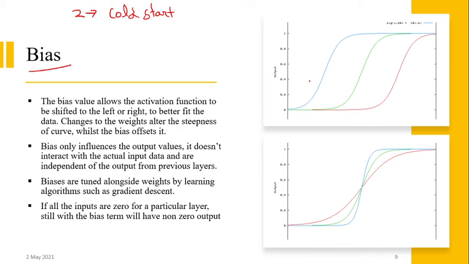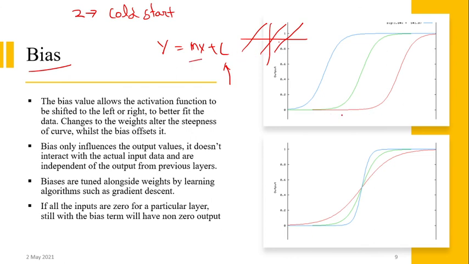On top of it, let's look at this diagram. If you remember y equal to mx plus c, what was the c here? c acted as a bias. If you have these three lines, your mx value will remain the same, but your c is changing.